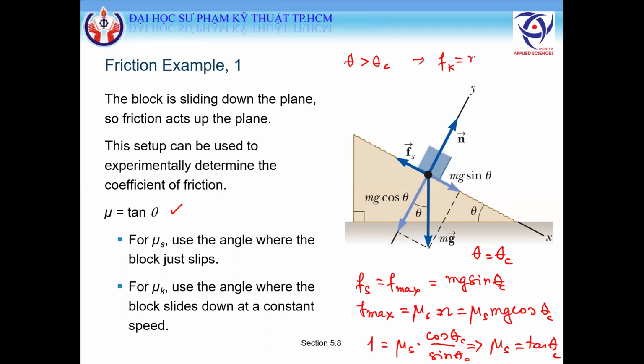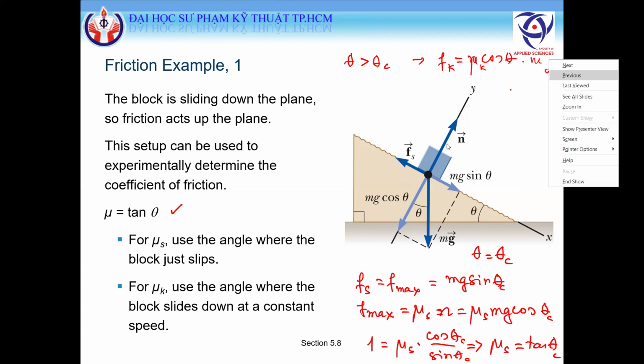Fk equal to n cosine theta, right? Oh, sorry. It's not n cosine theta. It's mu k cosine theta mg.